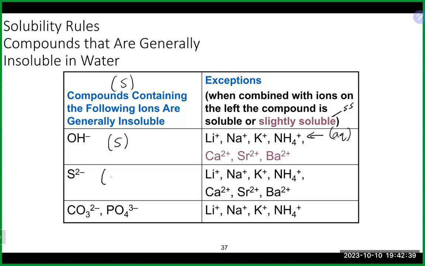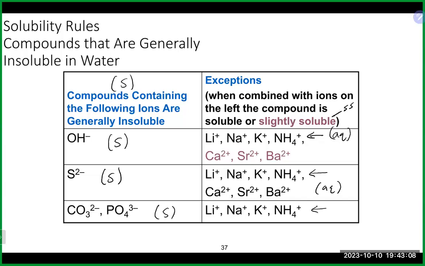Sulfides are typically solids in everything, except for, once again here, group 1 and ammonium and calcium, strontium, barium. That would then make these guys aqueous if you had sulfide with any of those guys. Carbonate and phosphate are typically solid, except for basically group 1 and ammonium. So that group 1 from the previous slide kind of falls over. It still works here for these guys.